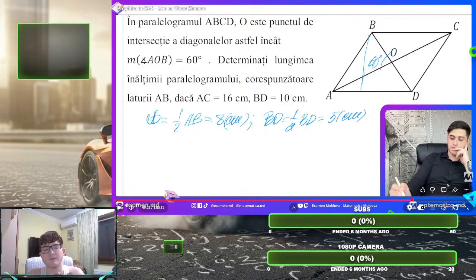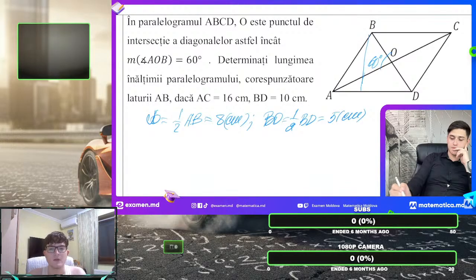Another geometry one. So we have a shape, a parallelogram or whatever it's called. It has the diagonals BD and AC, and a point of intersection O, and it forms the angle AOB of exactly 60 degrees. Find the length of the side AB, knowing that AC is 16 and BD is 10.